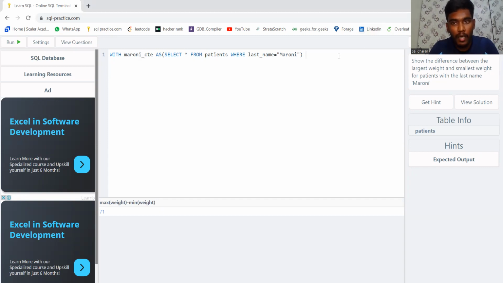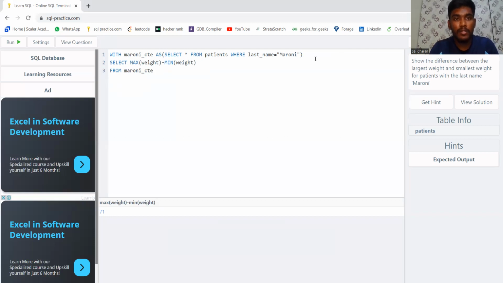Now I am having another query. Select max of weight minus min of weight from Meroni CTE.